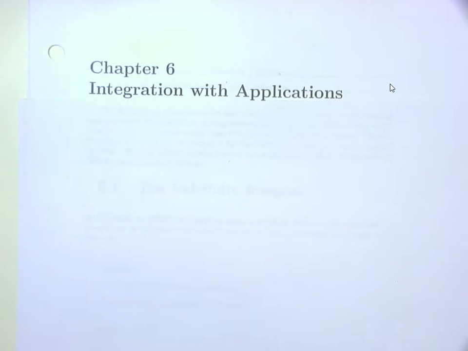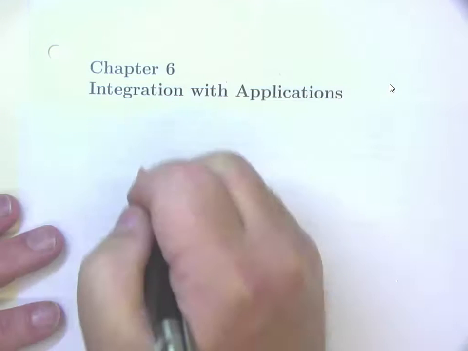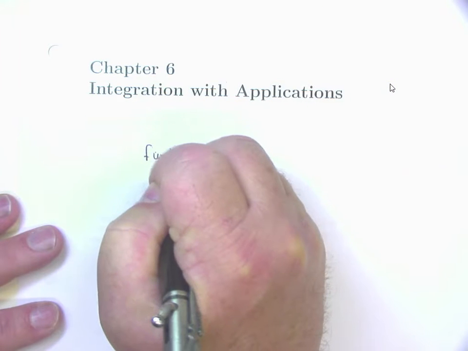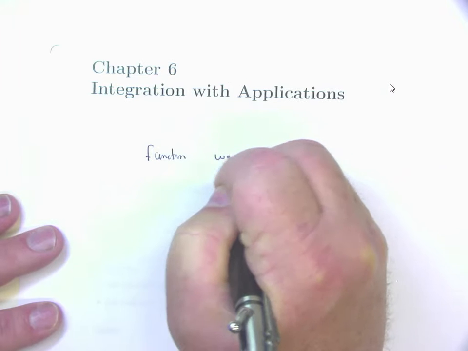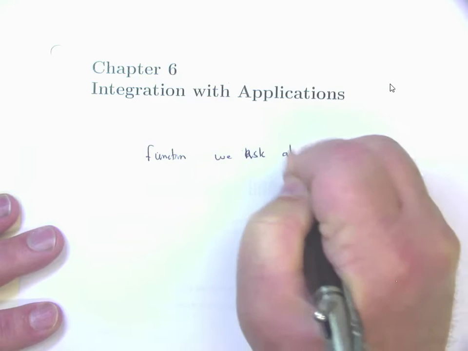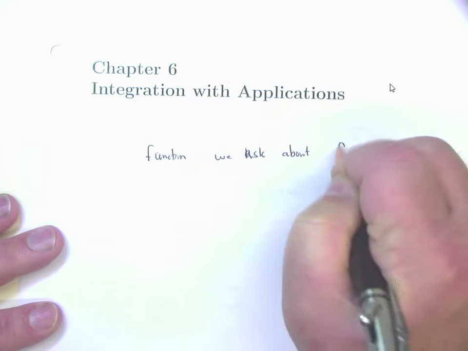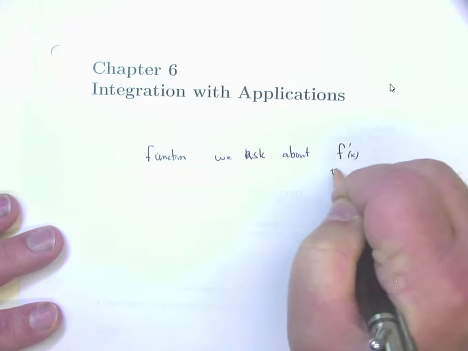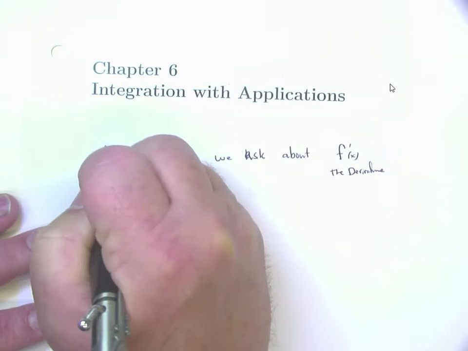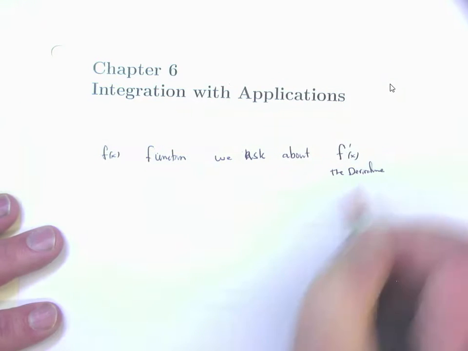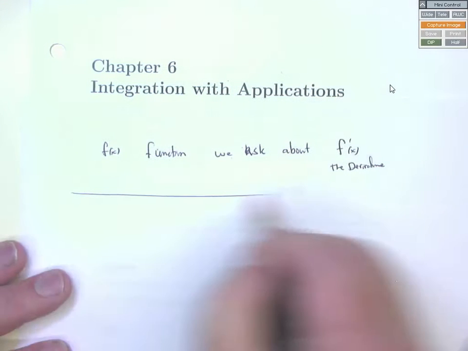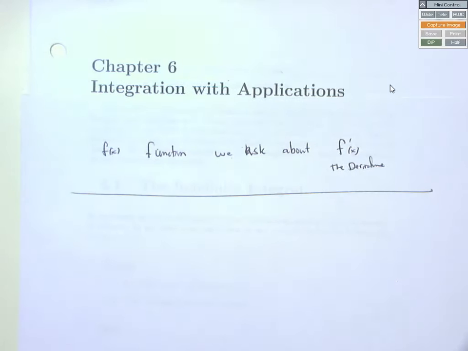Since day one in this class, we pretty much have been giving you a function, f of x, and asking you about f prime of x, the derivative. So we give you a function, and we ask you about a derivative.